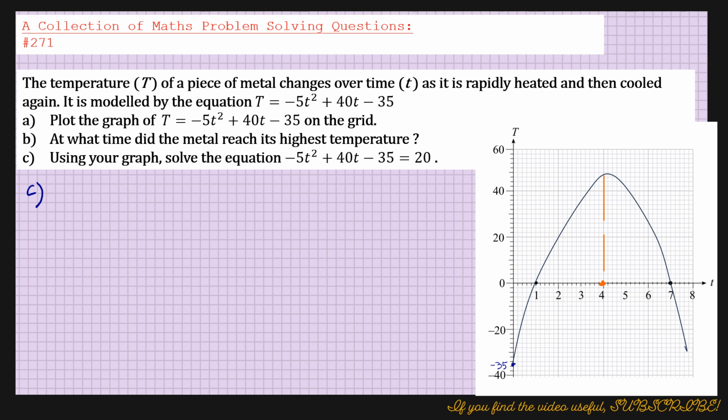Here we have to find a solution for the equation minus 5t squared plus 40t minus 35 equals 20.